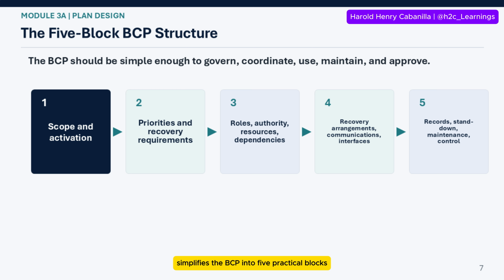The baseline simplifies the BCP into 5 practical blocks. The first block is scope and activation. This defines what the plan covers, when it may be activated, who has authority, what levels of activation exist, and what escalation interfaces apply. The second block is priorities and recovery requirements.